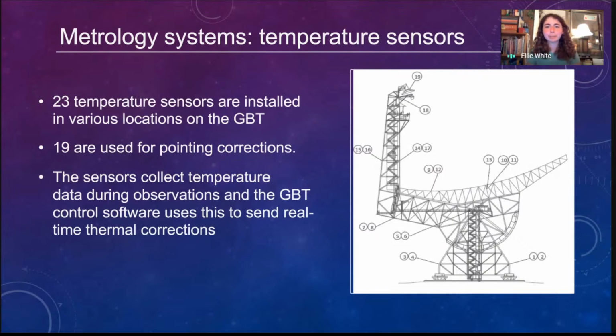I talked about in my last presentation how you want to have a weather station set up so that you can measure things like temperature and humidity. So the GBT has a suite of systems that measure important things, and we call those metrology systems. One of the most important is a temperature sensor system.